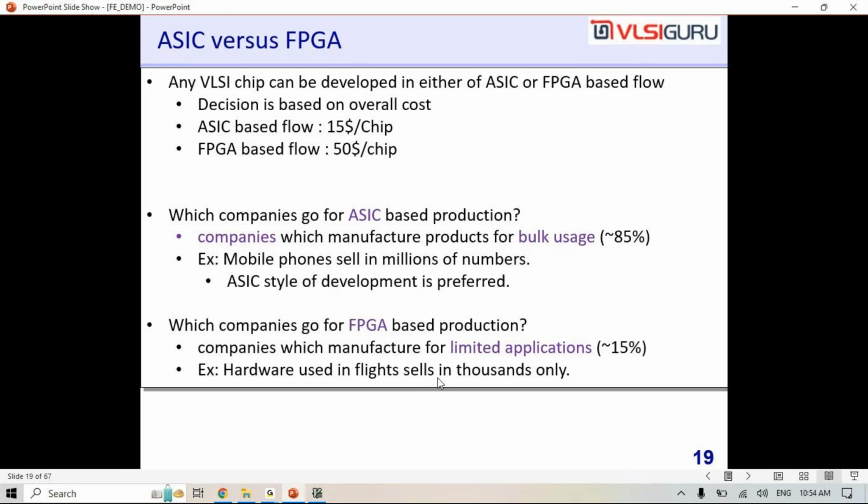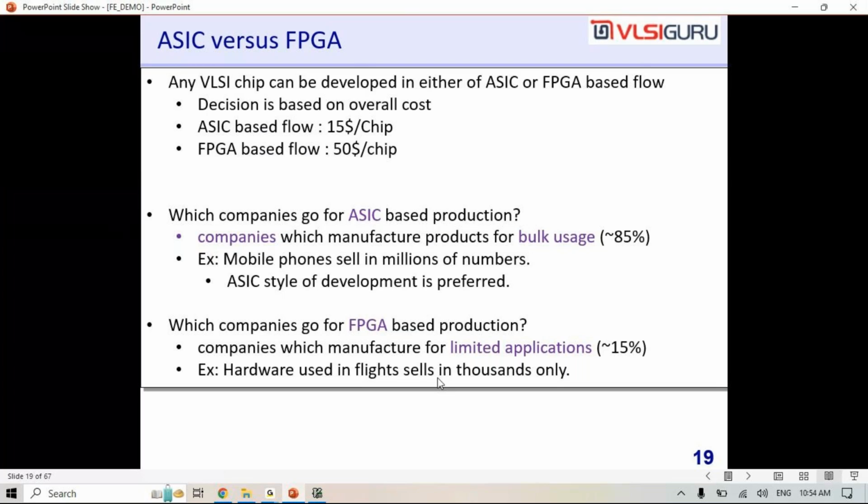Let's say flights are there, right? Aeroplanes. In that one, there will be electronic systems, right? It's not purely mechanical. Aeroplanes are not purely mechanical. They are electronics plus mechanical things, right? So whatever electronics goes into it, who will develop that? Will it be developed by mechanical engineers or electrical engineers? Electronics engineers, right?